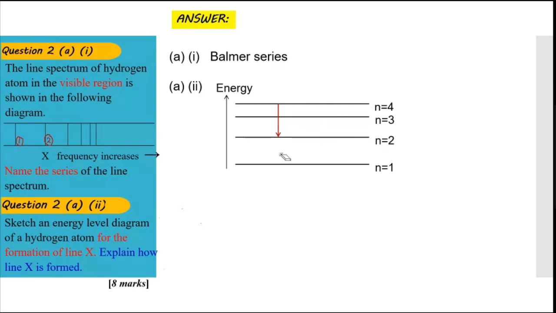This is an enlarged portion of a cross-section of an atom, with the nucleus here. The first and second shell are very far apart, and then they tend to get closer and closer. We imagine they come in the form of circles, shells. So this is n equal to 1, n equal to 2, n equal to 3, and so on. So the lines are getting closer and closer, because the shells are getting closer and closer.